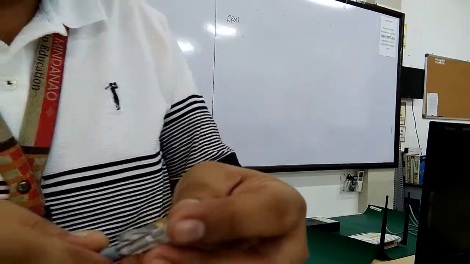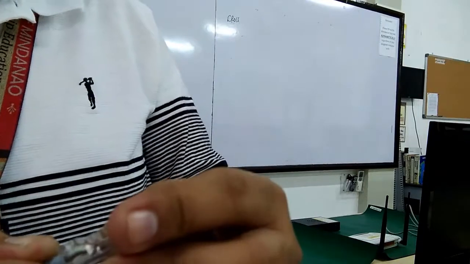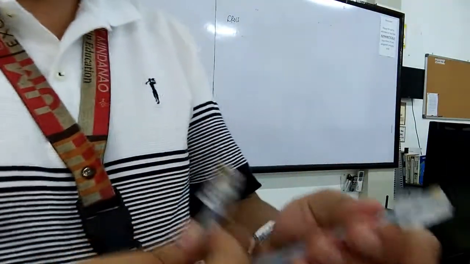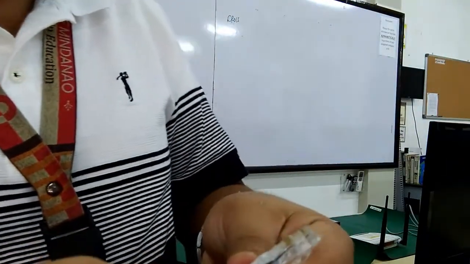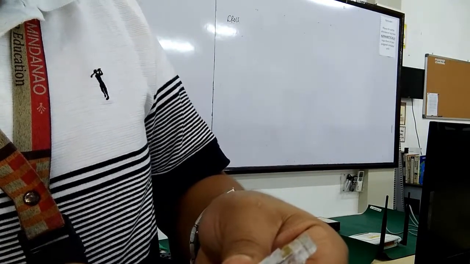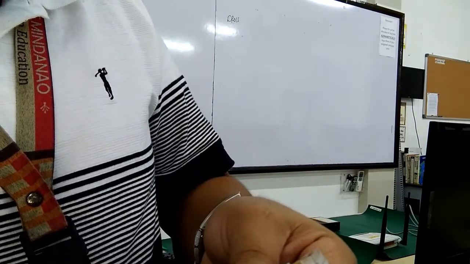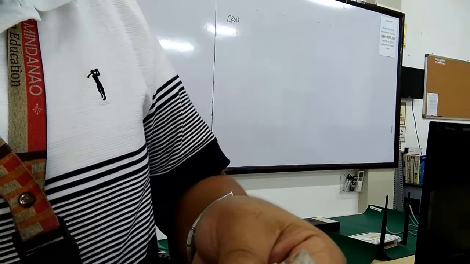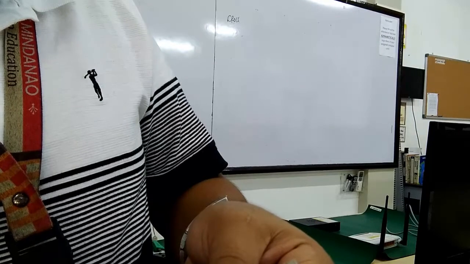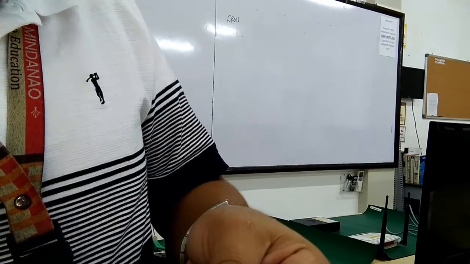Then we're going to insert the wires. Let's check before we crimp. Let's double check. You have white orange, orange, then white green, then blue, and then white blue, and then green, white brown, and then brown.